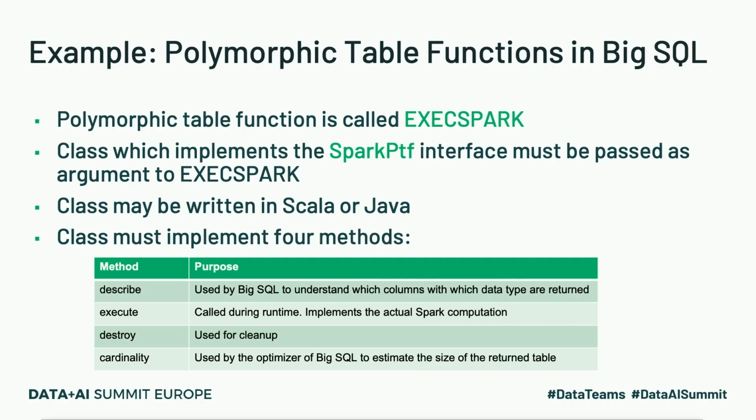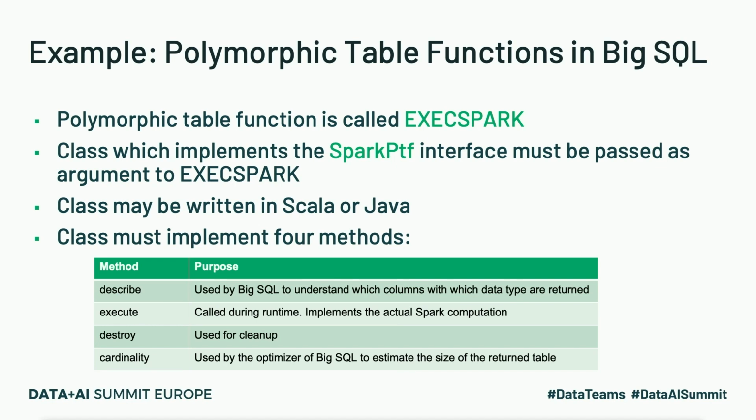In this presentation, I will use an example of a specific polymorphic table function, which is used in Big SQL. I will talk a bit about Big SQL later. If you are not familiar with Big SQL, just accept at the moment that it's some SQL engine mostly used in a Hadoop environment.